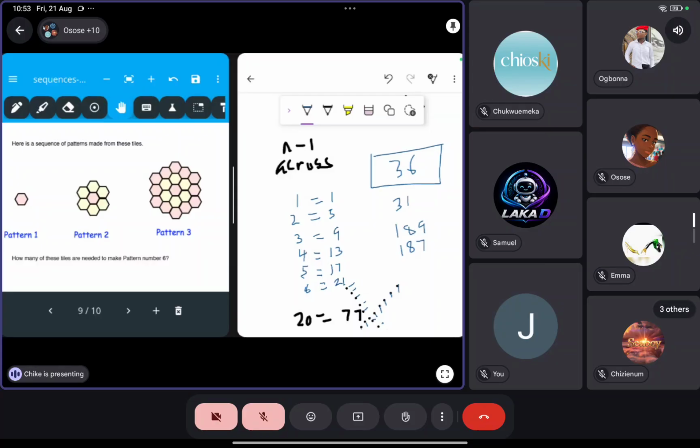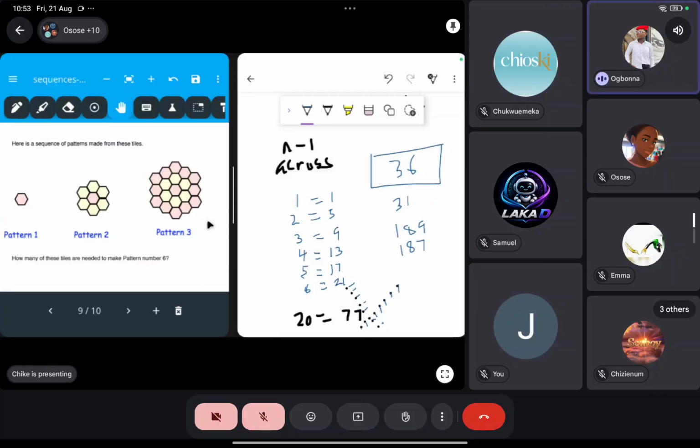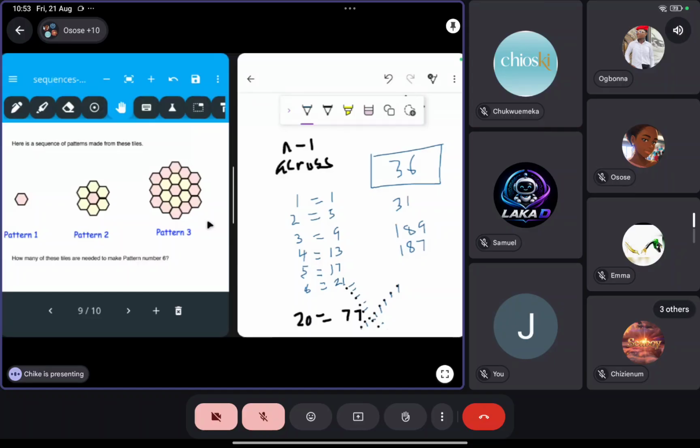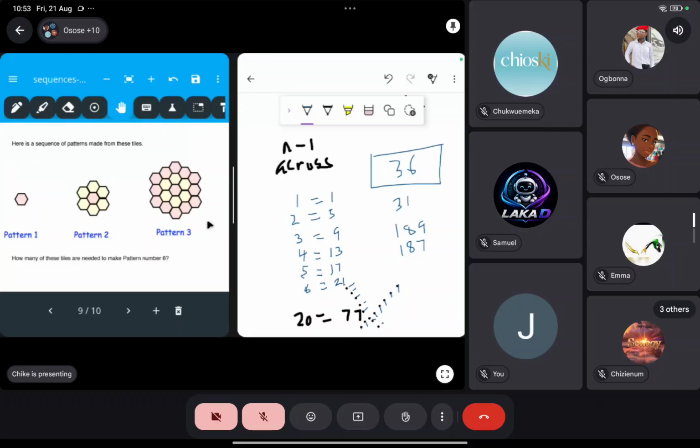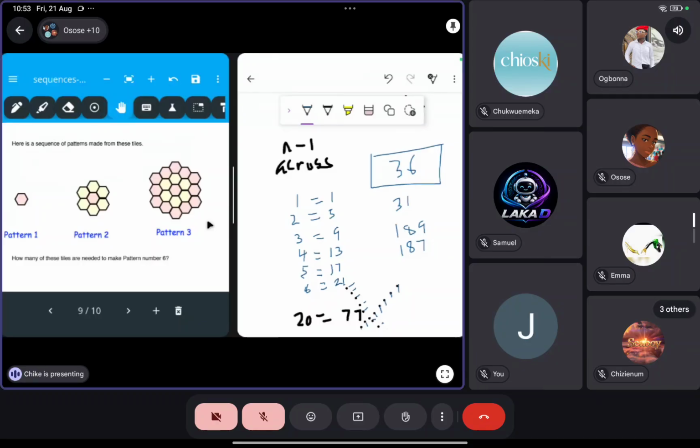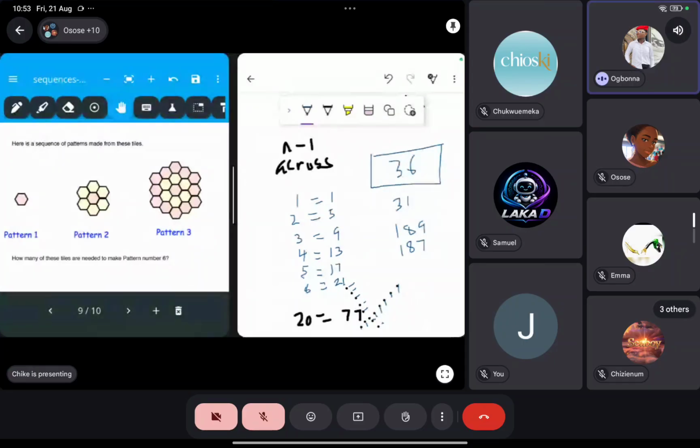Yes. So first of all, how is the pattern being formed? Who can tell me? So like the first one is 1, second one you bring 6, third one you bring 2 times 6 plus 1.